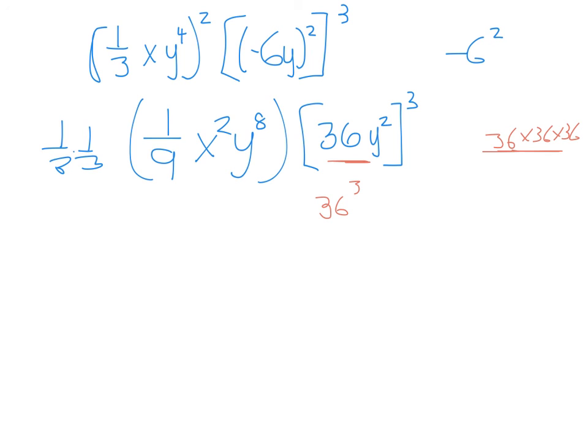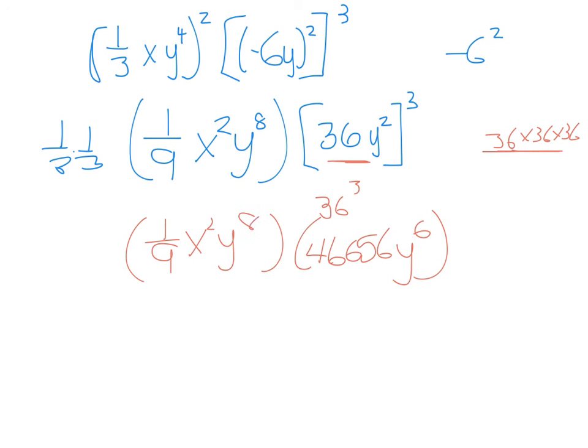So normally the numbers would be smaller. But 36 times 36 times 36 is 46656, and that would be y to the 6th. And now you have to multiply that times 1/9 x squared y to the 8th.